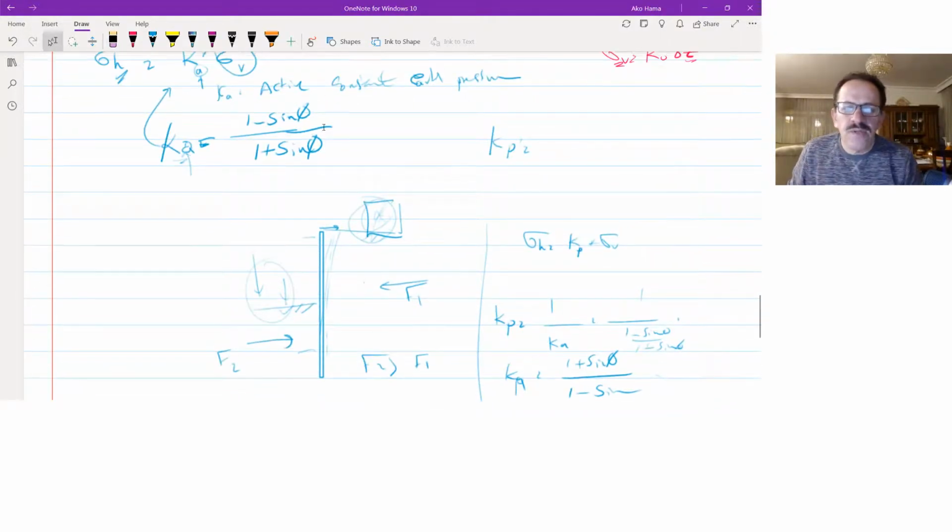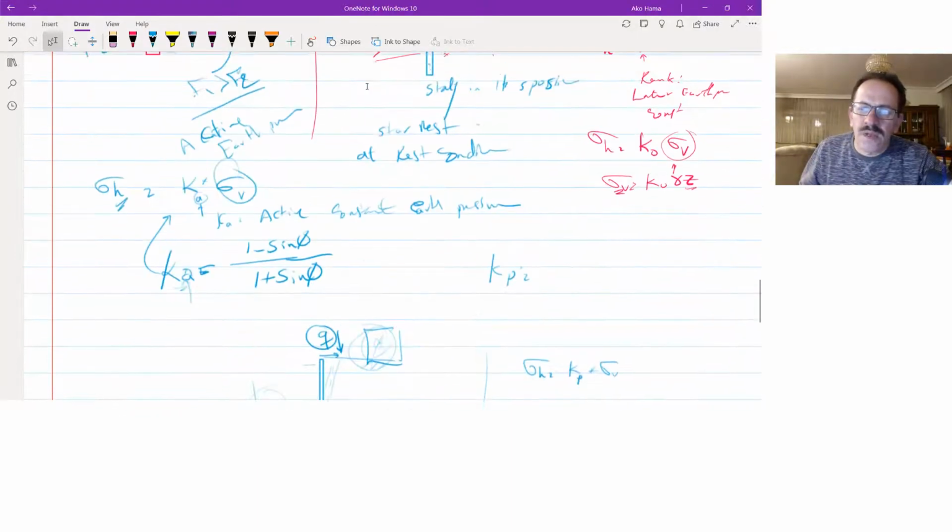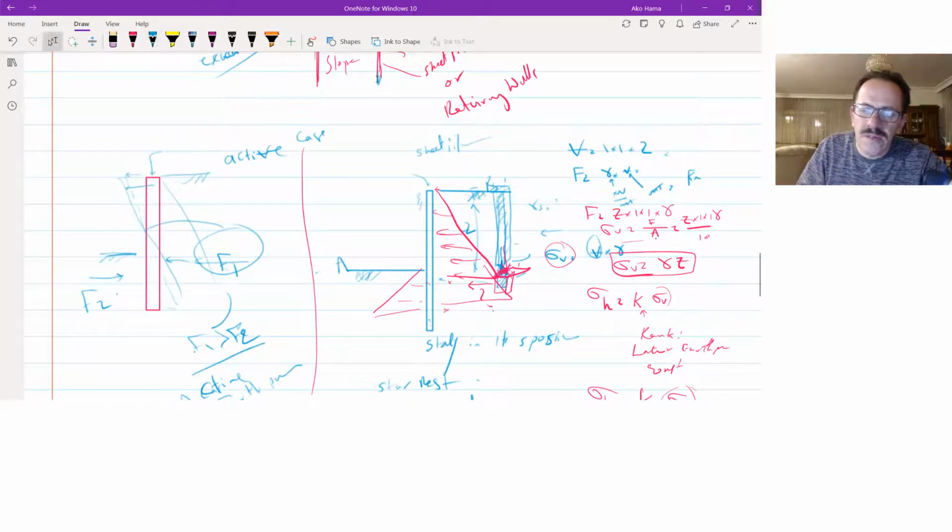Again, we have only one other case: in case you have a surcharge, meaning a Q value of force here, what will be the existing pressure, this one, sigma V? When I say sigma V, it is the effect of the column of soil that we have on that element.